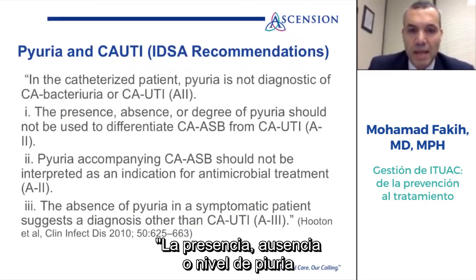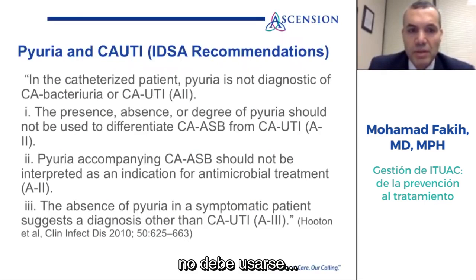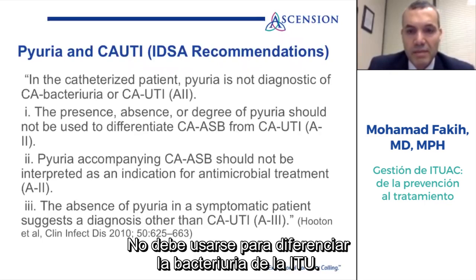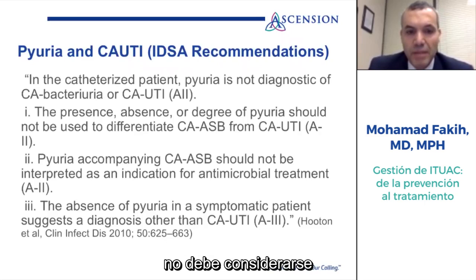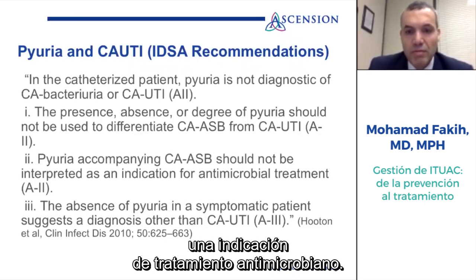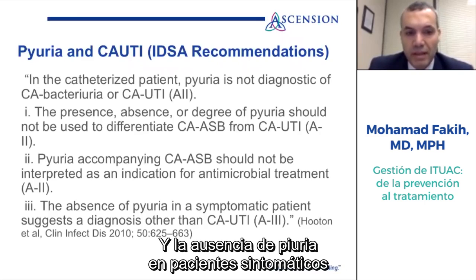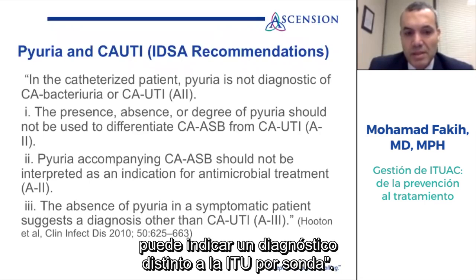The presence, absence, or degree of pyuria should not be used to differentiate catheter-associated asymptomatic bacteriuria or catheter-associated urinary tract infection. Pyuria accompanying catheter-associated asymptomatic bacteriuria should not be interpreted as an indication for antimicrobial treatment. And finally, the absence of pyuria in symptomatic patients suggests a diagnosis that is not catheter-associated UTI.